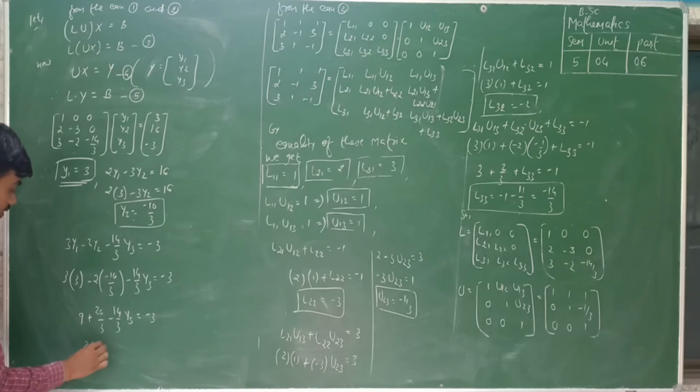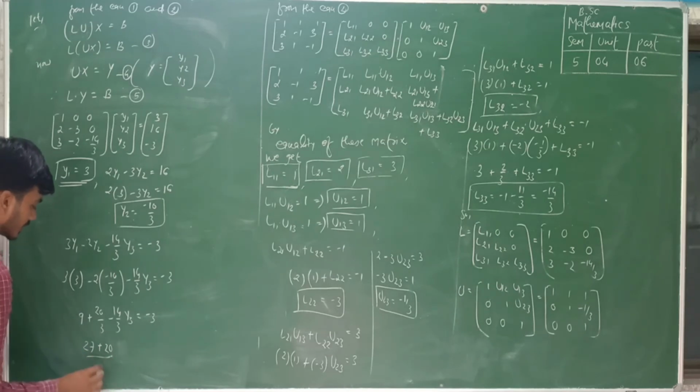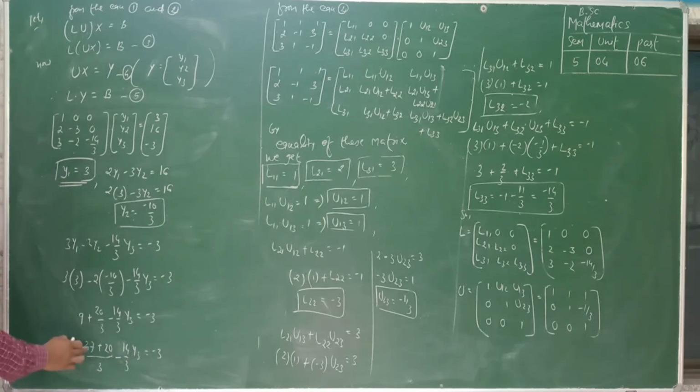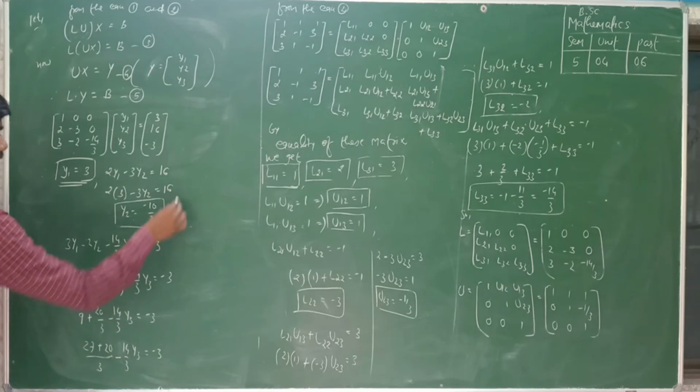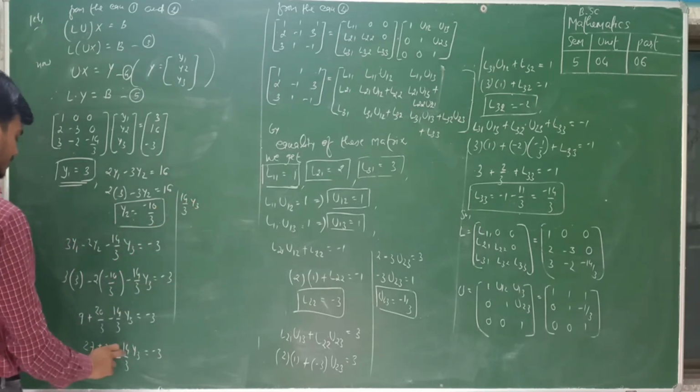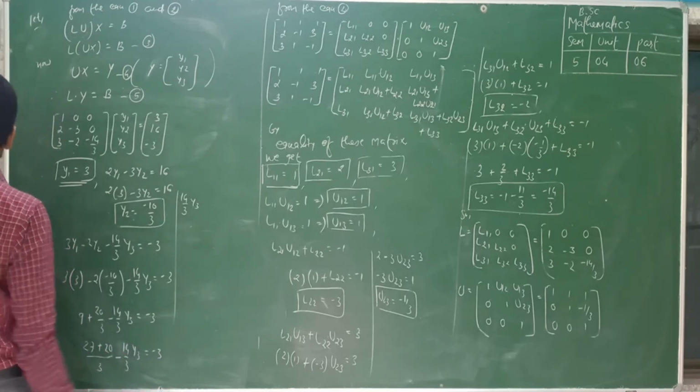That is 27 plus 20 upon 3, which is 47 by 3.